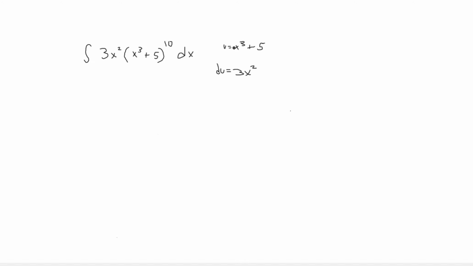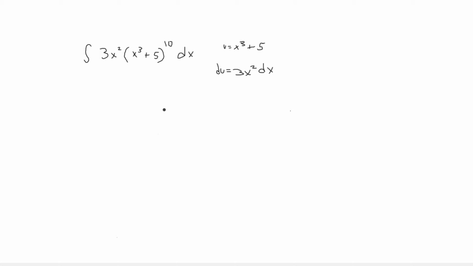Because you bring down the 3, then subtract the power. And then the derivative of the constant is just nothing. It's canceled out. So what we have now is du equals 3x squared, but we can't forget, since we took the derivative of x, we can't forget our derivative constant dx.